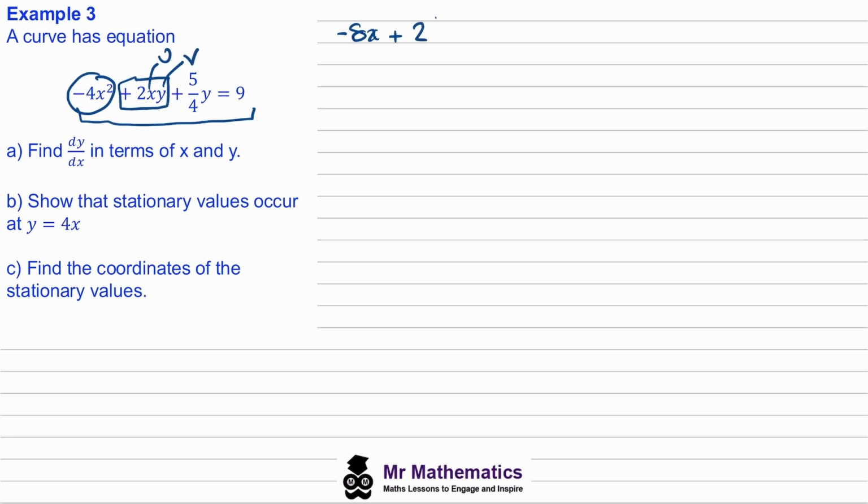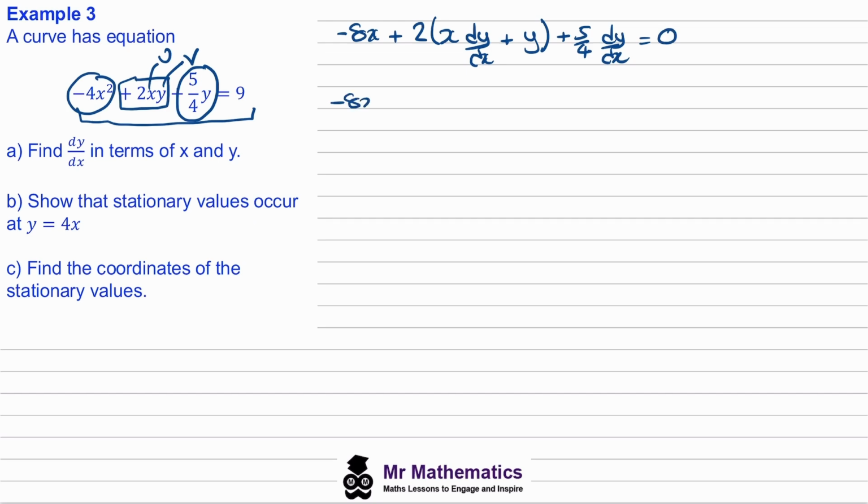So we'll have 2 lots of the u term times dv, which is dy by dx, plus the v term multiplied by du, which is just 1. When we differentiate the 5 over 4y, we get 5 over 4 dy by dx. And this will equal, when you differentiate the 9, we just get 0.